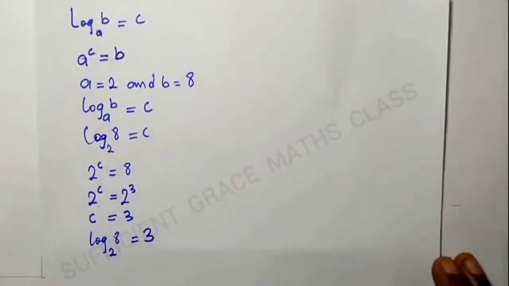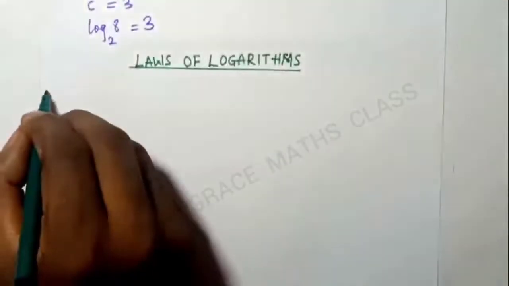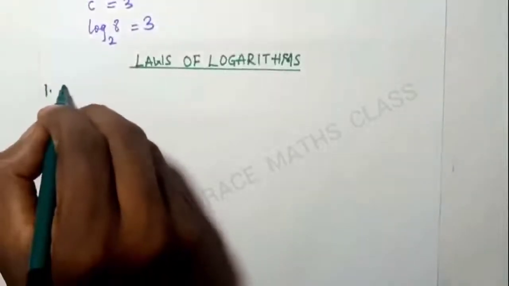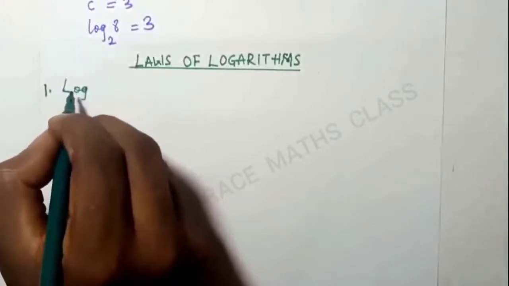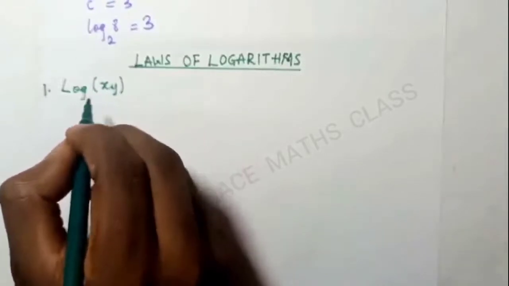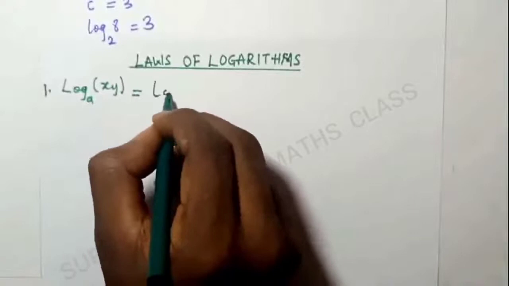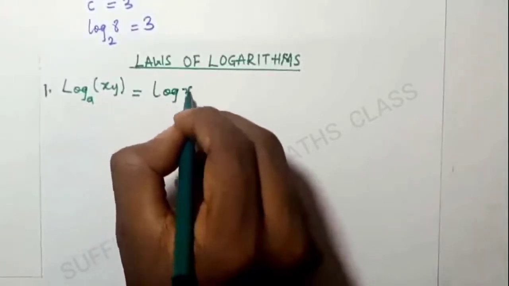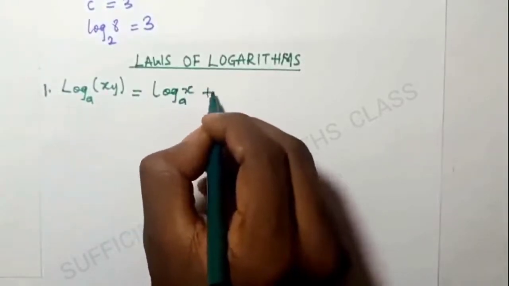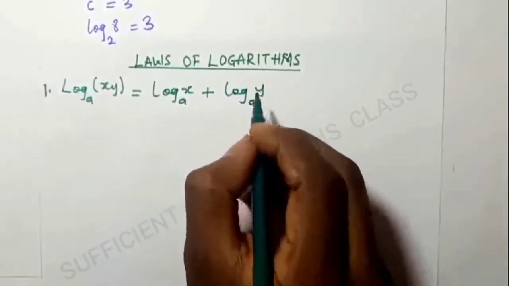Let us now consider the following laws of logarithms. Number 1. Log of xy to base a is the same thing as taking log of x to base a plus log of y to base a.